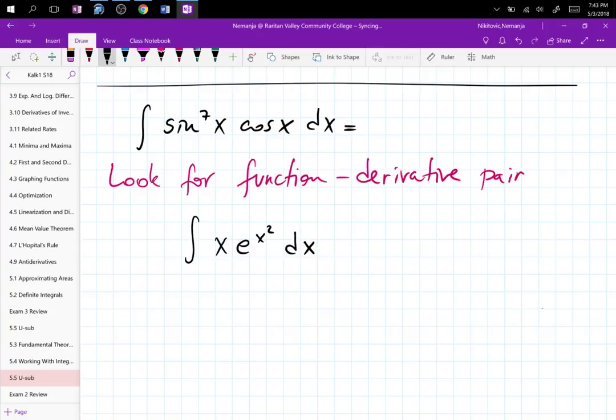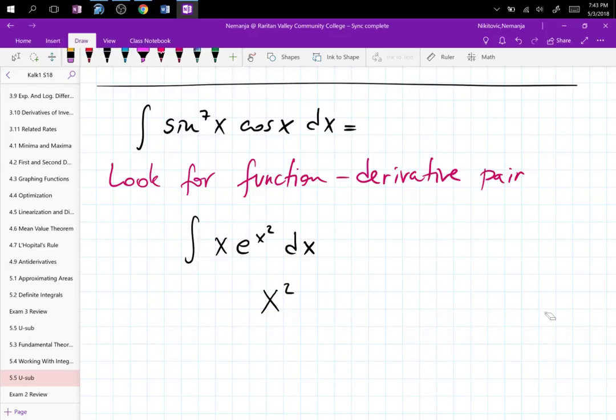If you observe carefully, there is a function derivative pair. If you call x squared a function, then its derivative is 2x. Don't worry about the 2, x is present. So you do have a function derivative pair.